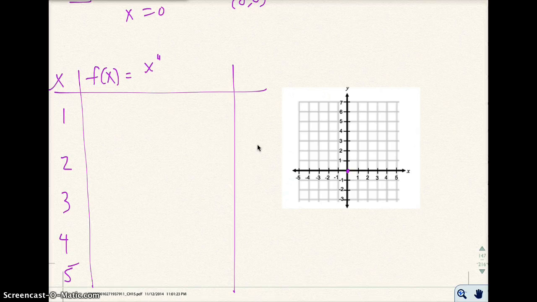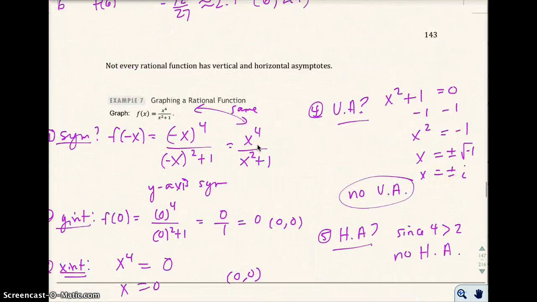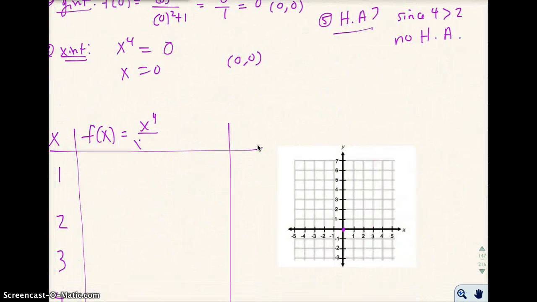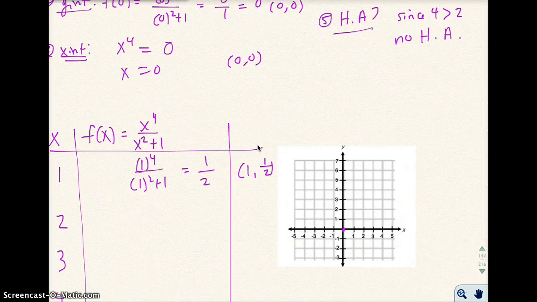So I get x to the fourth over x squared plus 1. For 1, I get 1 to the fourth over 1 squared plus 1, which is 1 over 2, so the point is 1 and 1 half.